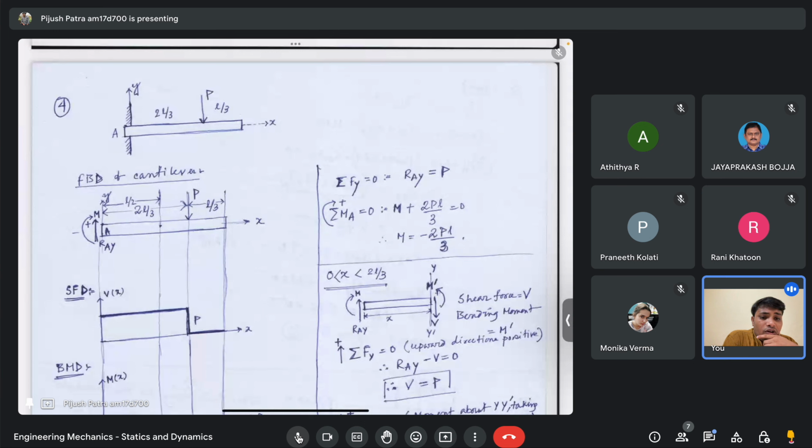Let's say around 8 o'clock in the night, or tomorrow around 3 o'clock, or tomorrow in the evening.